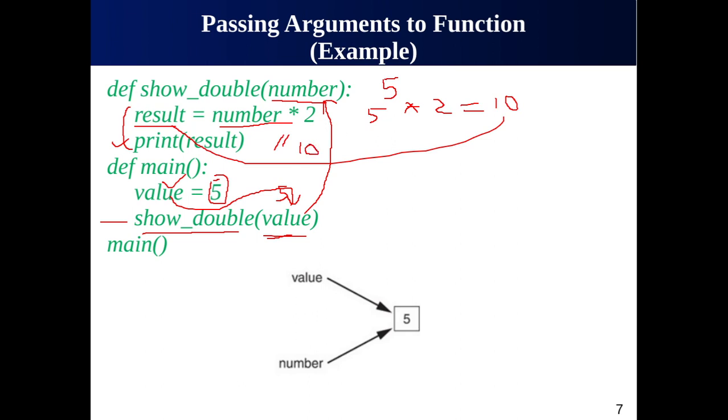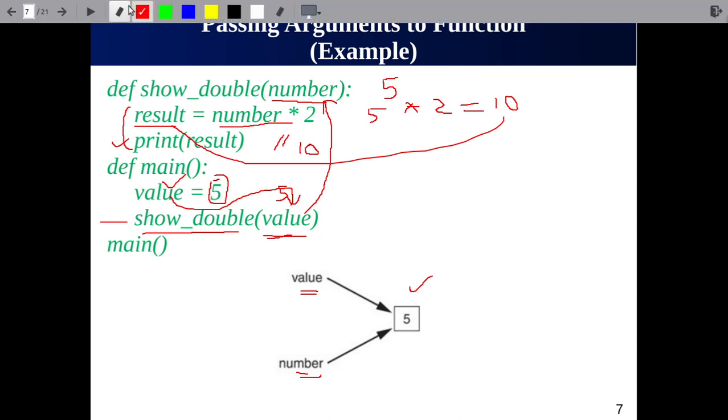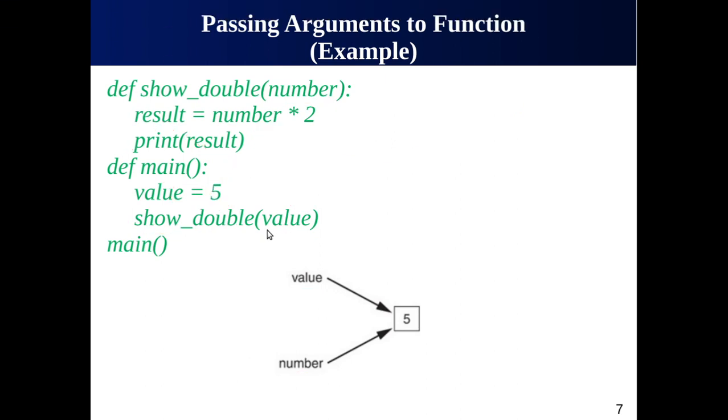On the technical point, what's going on here? We have a value 5. The argument is referring to this value, as well as the parameter actually refers to this value. Okay. Notice that this value actually appears inside the parentheses.